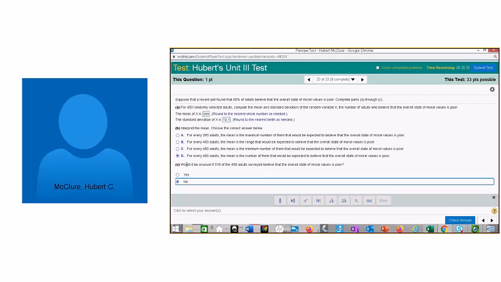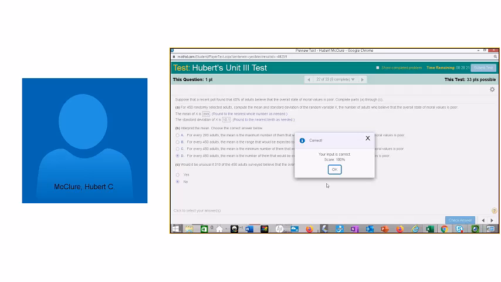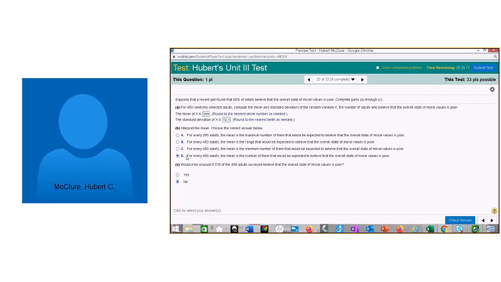Now, the only thing I think I've got wrong is that B part. I got it. All right, so write that down so you'll know which one it is, so you won't have to think, because some of these are worded tricky.